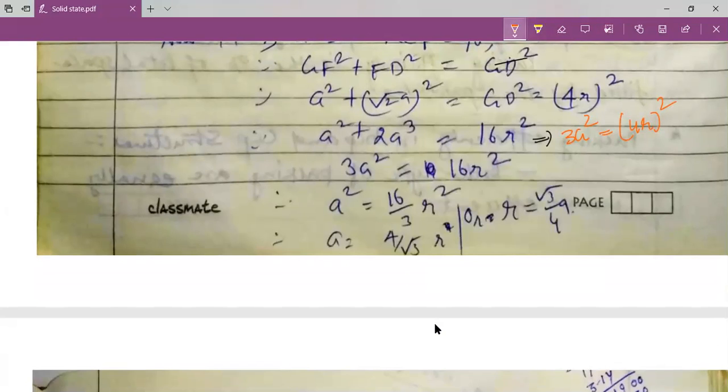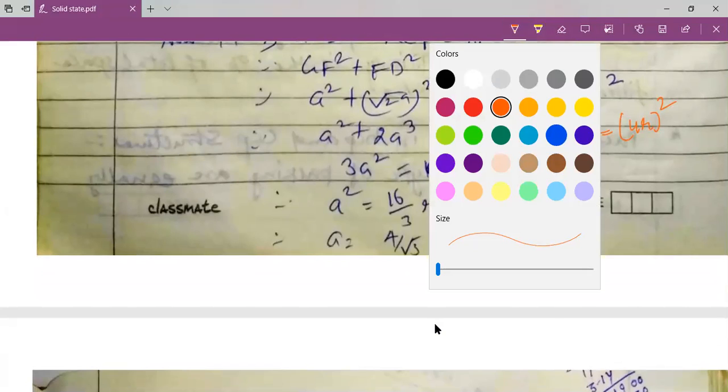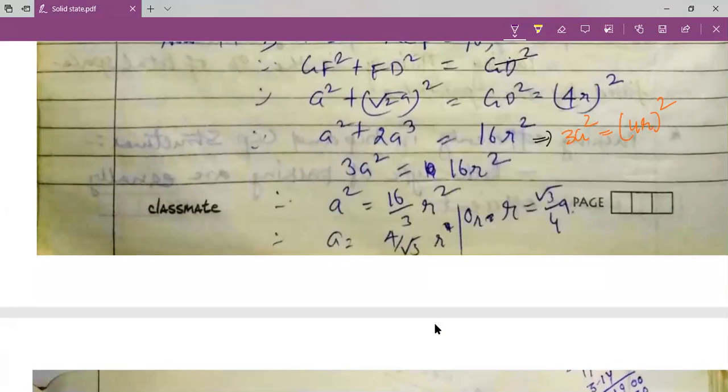Now instead of this 4R whole square, my dear students, 4 square is 16, so 16 R square is equal to 3A square. And thus, my dear students, A square is equal to 16 divided by 3 R square.